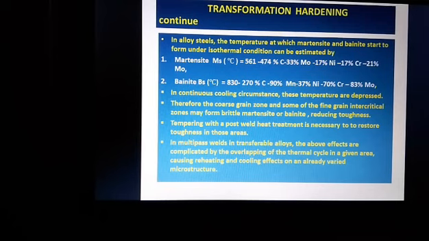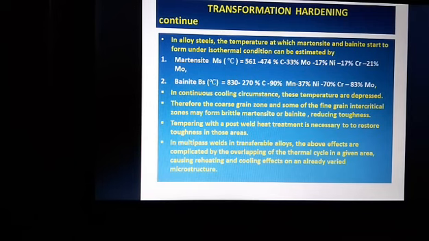In alloy steel, the temperature at which martensite and bainite start to form under isothermal conditions can be estimated by the following equations. In continuous cooling circumstances, these temperatures are depressed. Therefore, the coarse grain zone and some of the fine grain intercritical zones may form brittle martensite or bainite, reducing toughness. Tempering with a post-weld heat treatment is necessary to restore toughness in those areas.